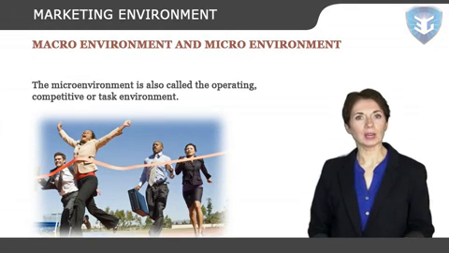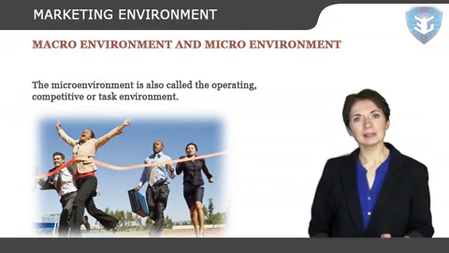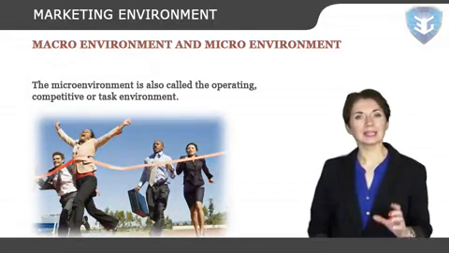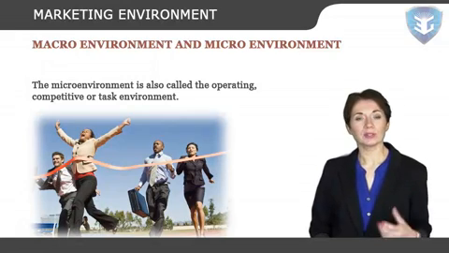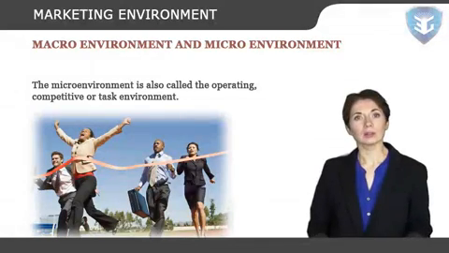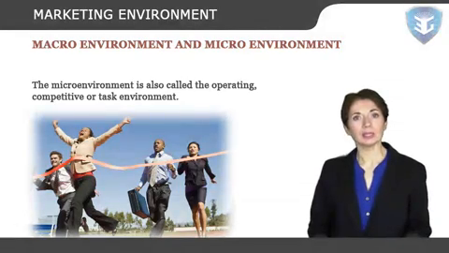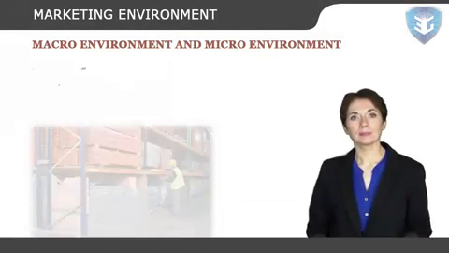The microenvironment is also called the operating, competitive, or task environment. It consists of sets of forces and conditions that originate with suppliers, distributors, customers, creditors, competitors, and shareholders, as well as trade unions and the community in which the business operates.